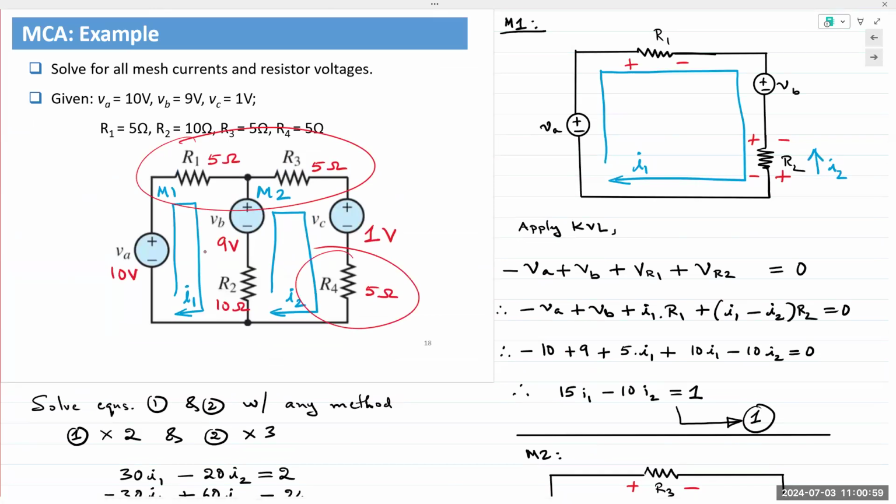There's only one mesh current flowing through there. So that is the actual current flowing through that resistor. For R1, R3, and R4, we directly have the actual current, which is I1, and then I2 for R3 and R4.